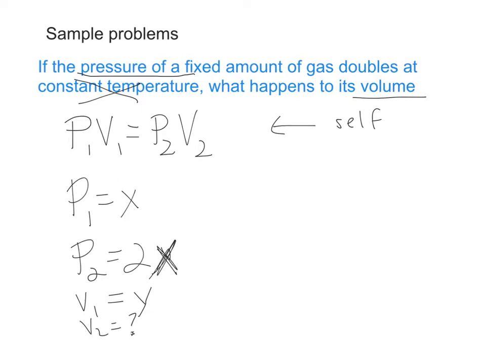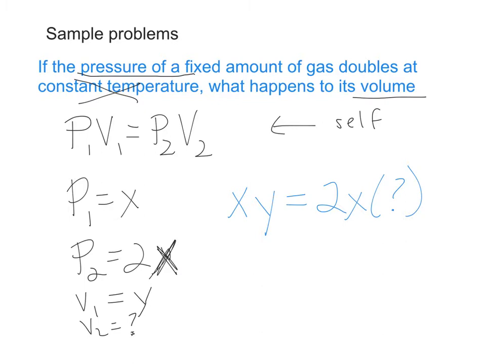So let's plug in these variables. So we have X times Y equals 2X. I'm putting 2X for P2 times question mark, which I'll put in parentheses.